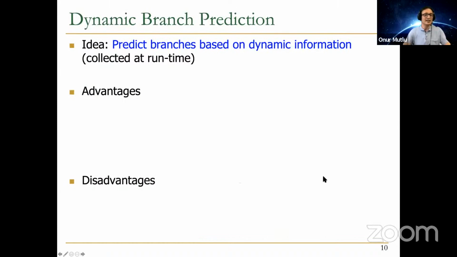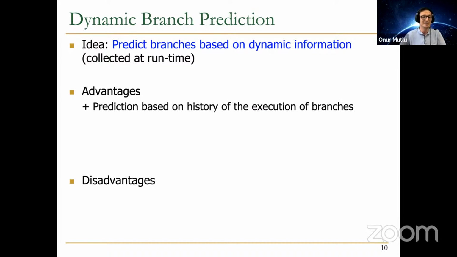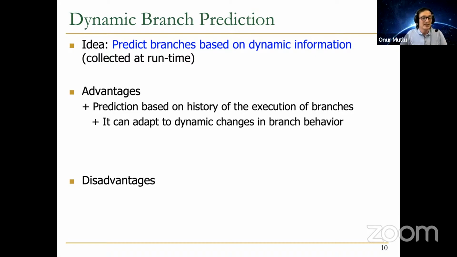Okay, so the idea of dynamic branch prediction, as I already said, is to predict branches based on dynamic runtime information that's collected at runtime. This has advantages and disadvantages like any idea in computer architecture. First of all, the advantage is you make your prediction based on the history of the execution of the branches, based on what you memorize or learn over time, as we will see. Basically, this enables the machine to adapt to dynamic changes in branch behavior.